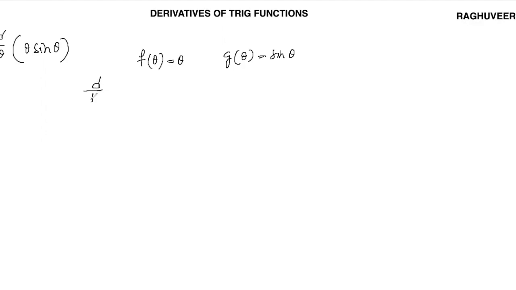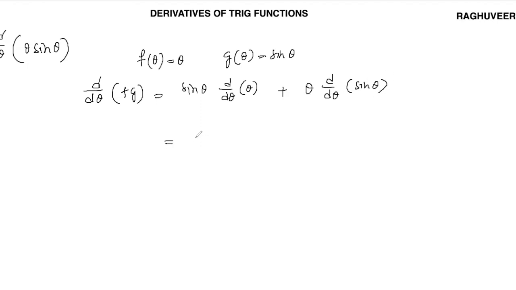So d by d theta of f into g: sine theta times d by d theta of theta, plus theta times d by d theta of sine theta. So which is sine theta plus theta cos theta. This is your answer.